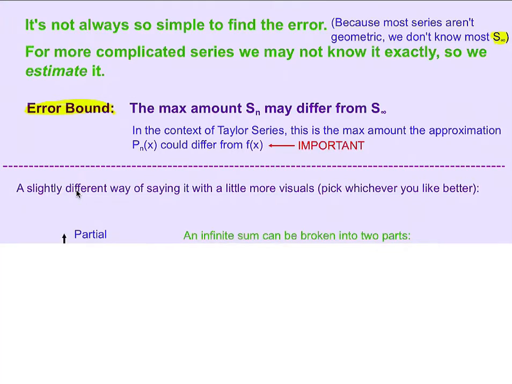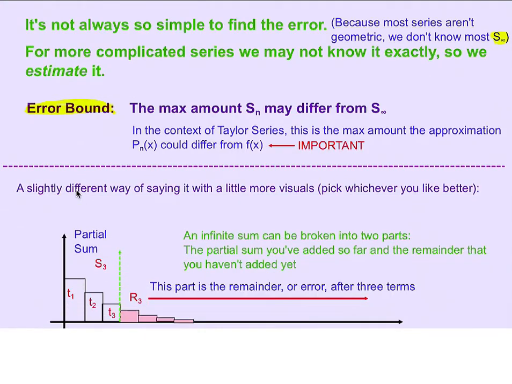If you want to see this in a slightly different way, it's a little bit more visual. You can think of it this way. An infinite sum is broken into two parts. We've got our partial sum, which is everything you've added so far, and then the remainder, which is everything you haven't added yet. So, for example, if I have a partial sum of 3 terms, it will be the sum of the first 3 terms, and then the remainder is everything else.